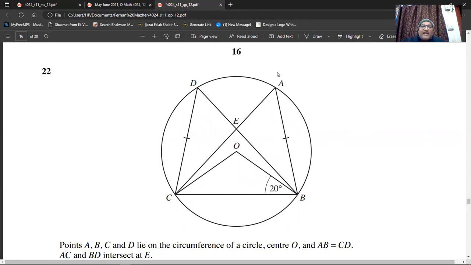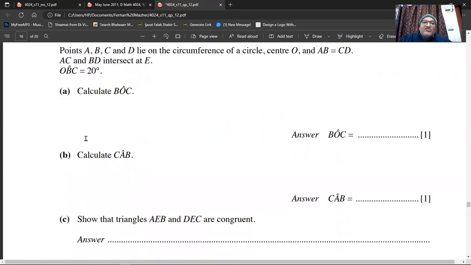So the CAB angle will be half of the 140. Look at this chord CB. Its ends went to O, the angle was 140. The ends of this chord CB went to the circumference, the angle at A will be half of the 140. That is their question, CAB.